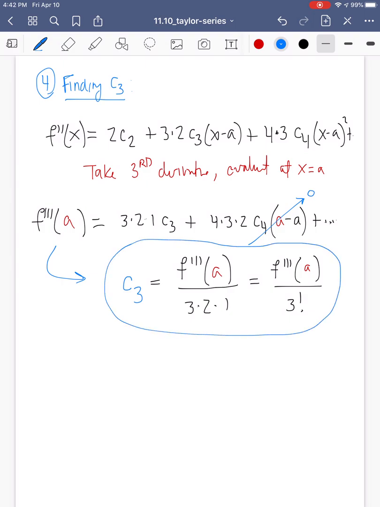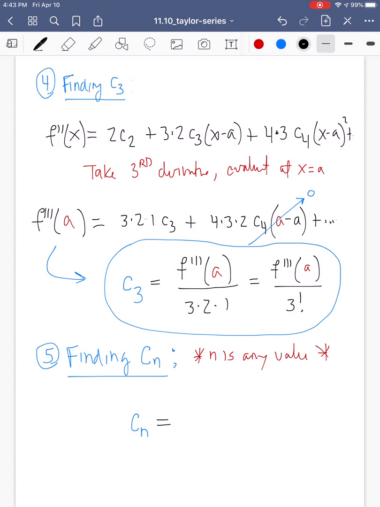And in general, we could continue this process, but we're going to skip ahead a lot and say, finding the general nth term, so n could be any value here, what we'll find is the nth coefficient of our power series, or our Taylor series in this case, is the nth derivative of our function evaluated at a, again, where we're centering our Taylor series, all over n factorial.